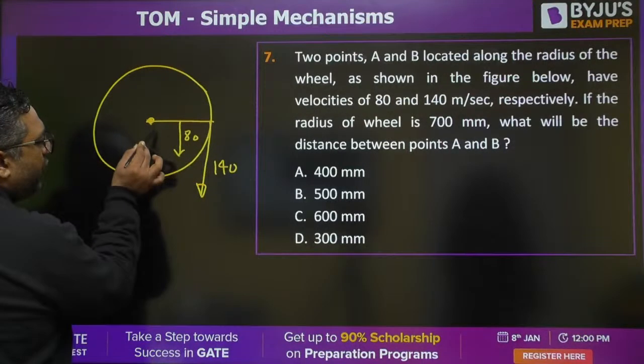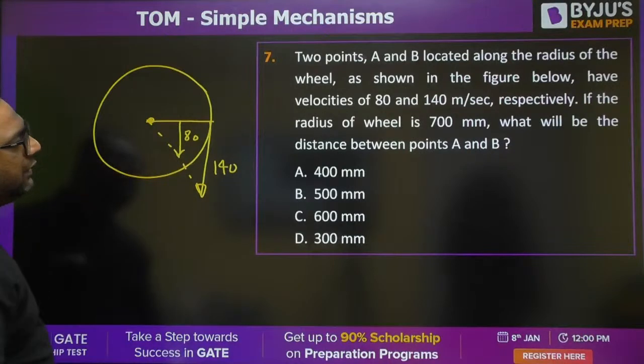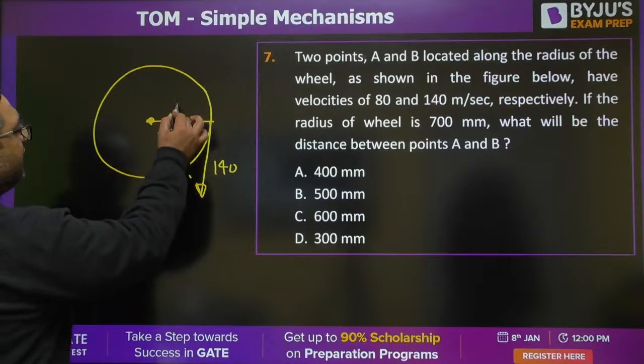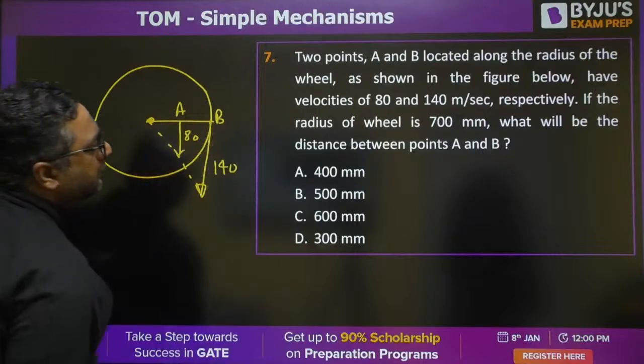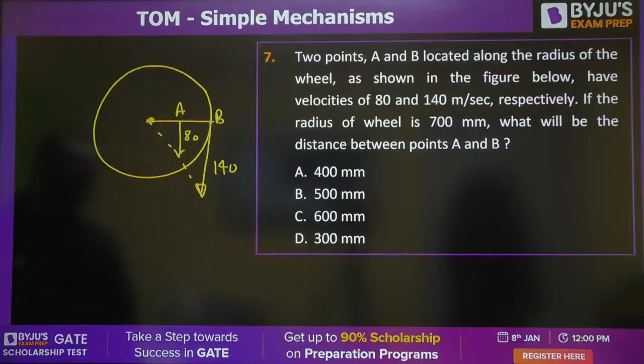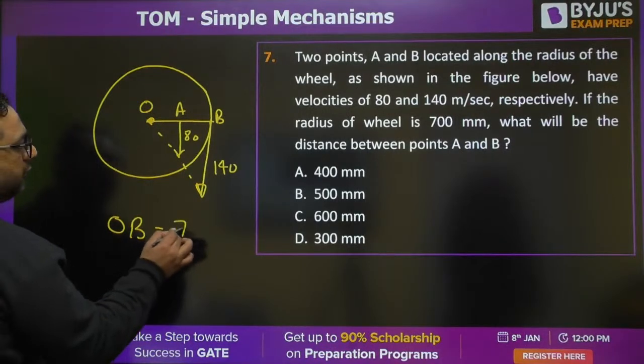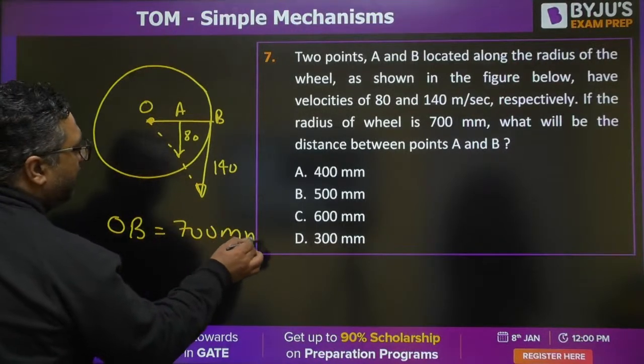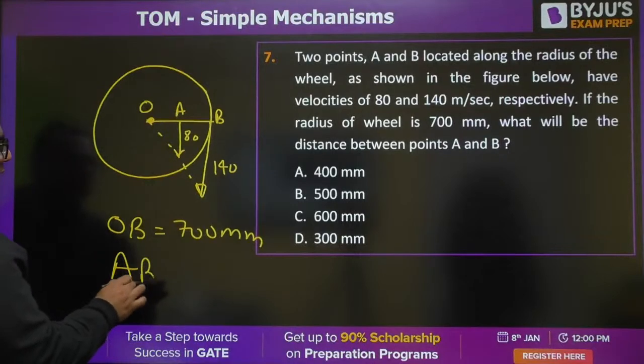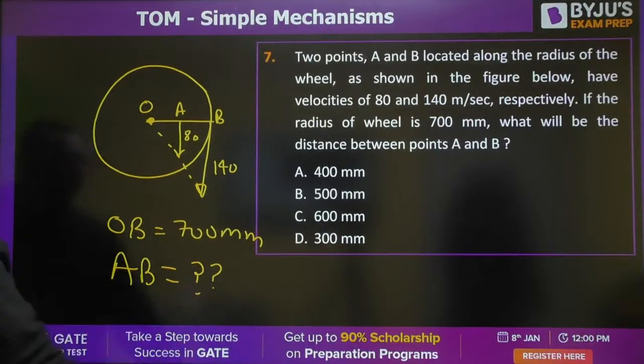You know the velocity profile is going to be like that. If this is A, this is B, the radius of the wheel OB is 700, and you need to find out AB.